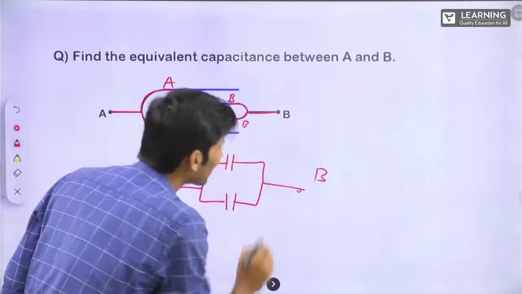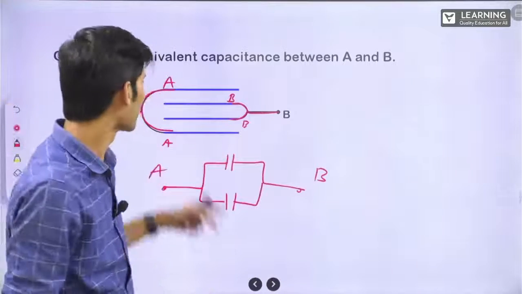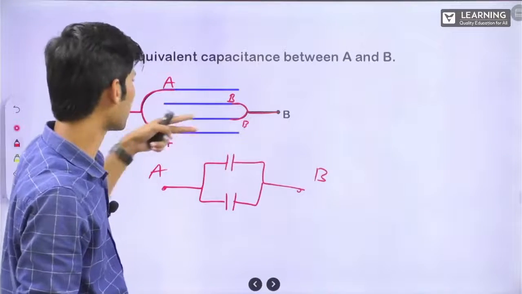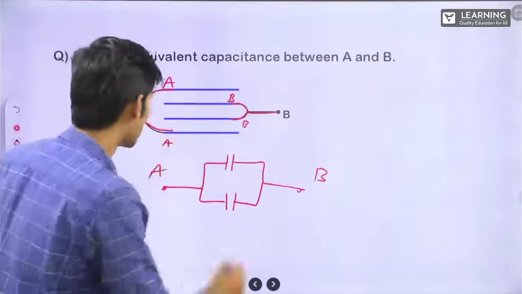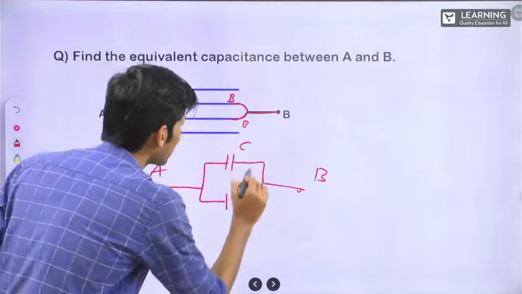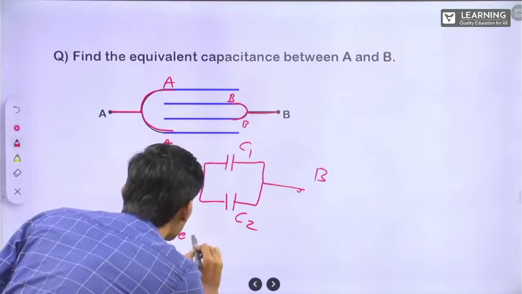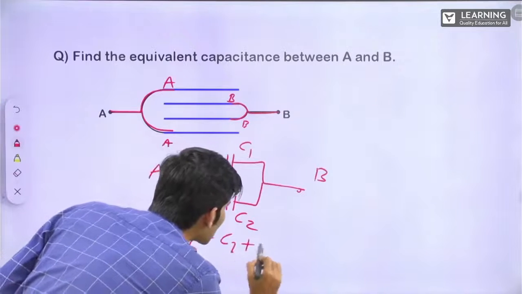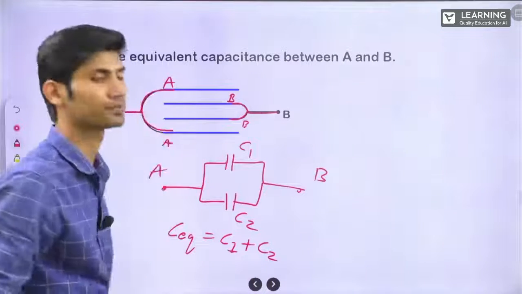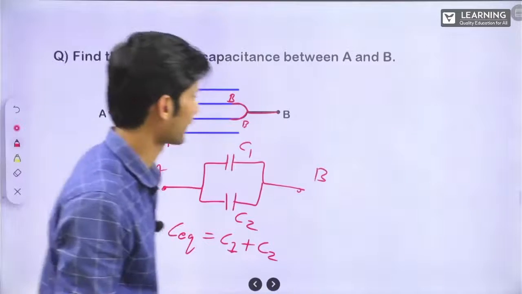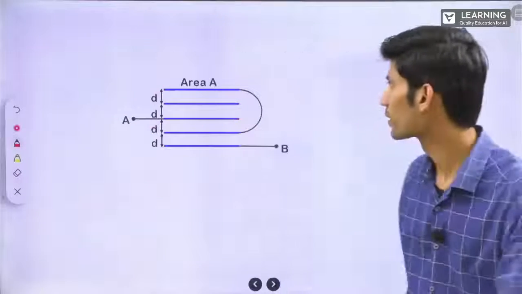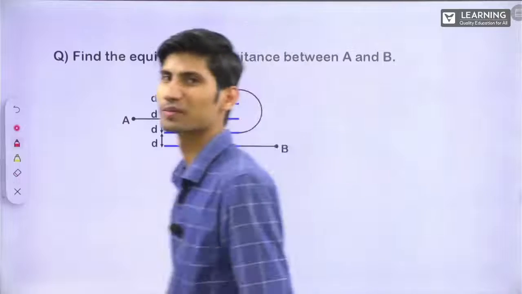You just have to find the capacitance between 2 different points. That's all. A, B, one capacitor. A, B, one capacitor. B, B, we cannot consider as a capacitor. Fine. So this is C1, this is C2. Again, C equivalent is equal to C1 plus C2. Clear? Next. Now, see this one.